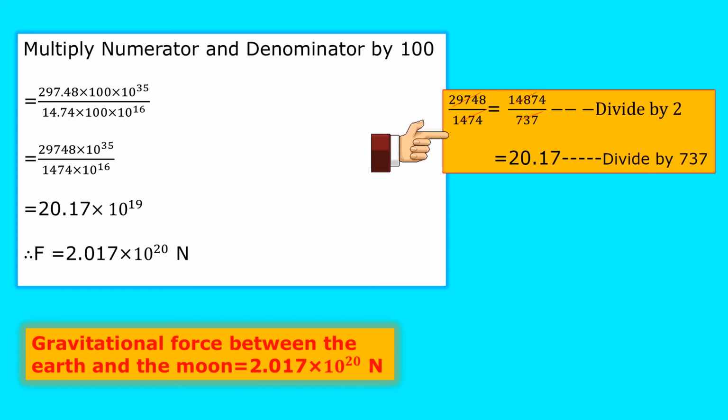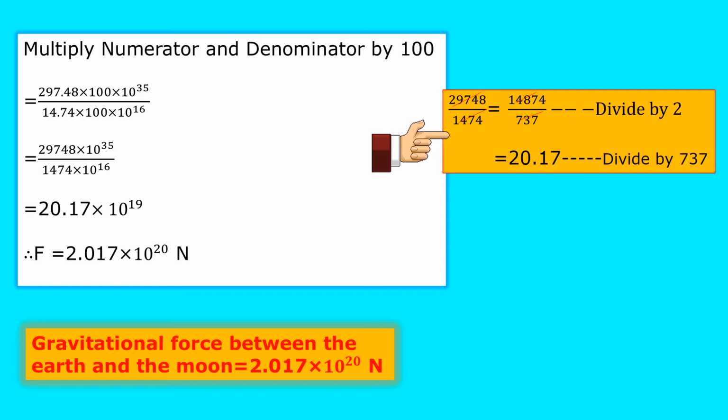Now we have to divide both these terms. So it will be 29,748 upon 1,474. So we have to divide this fraction by 2. So we will get 14,874 upon 737.